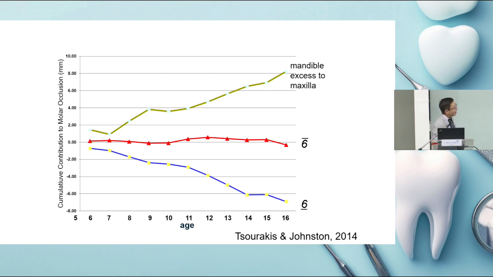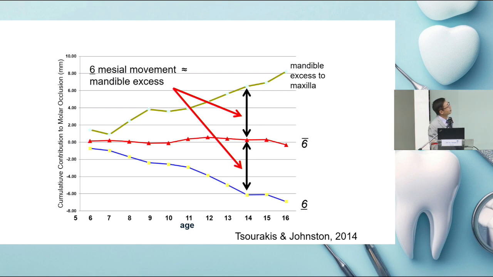He measured upper molar growth within the maxilla and lower molar growth within the mandible, and measured the mandible outgrowth of the maxilla in sagittal direction. He found upper molar moves forward approximately equal to the mandible outgrowth to maxilla.